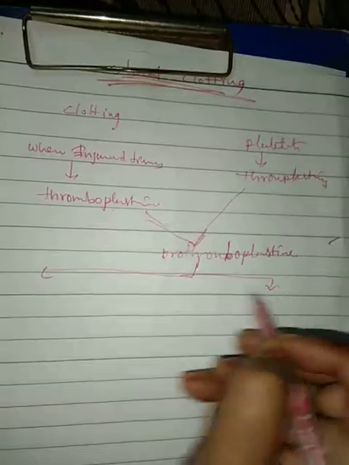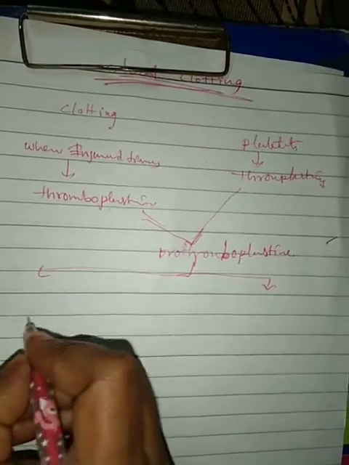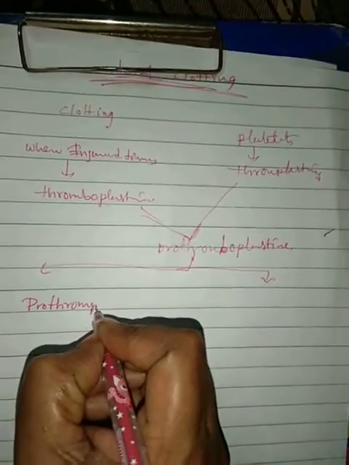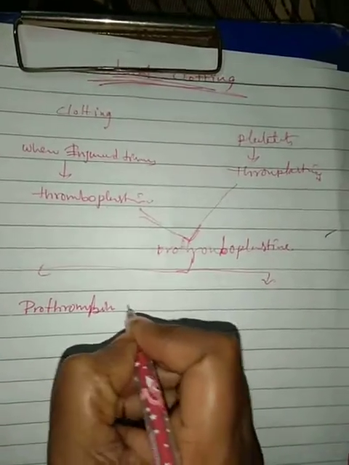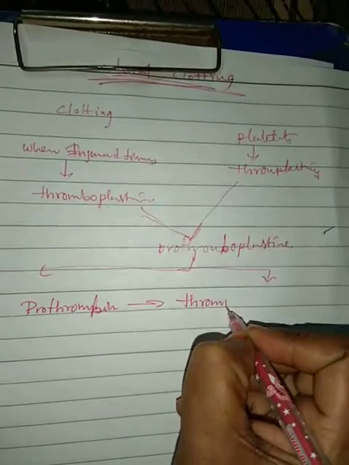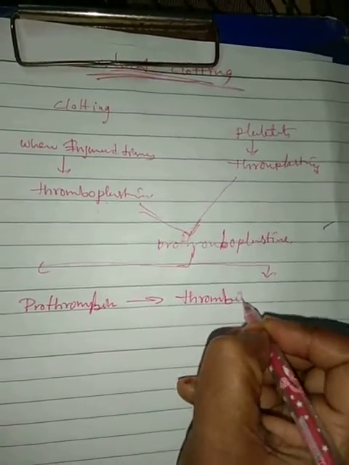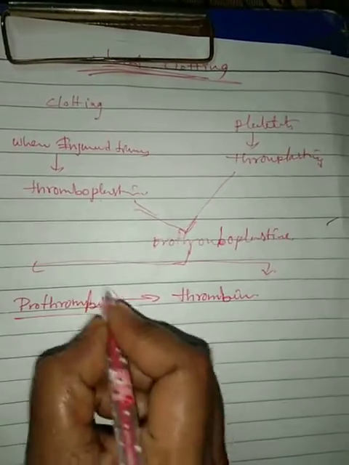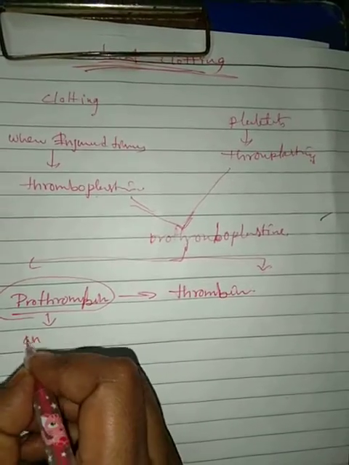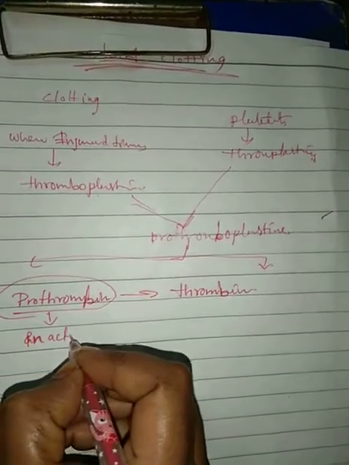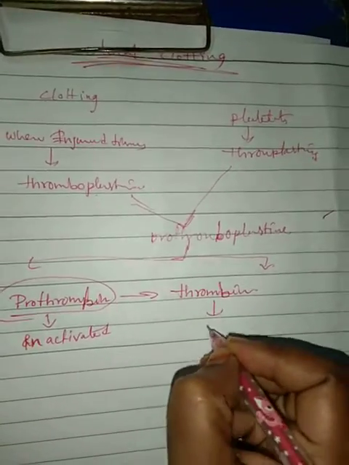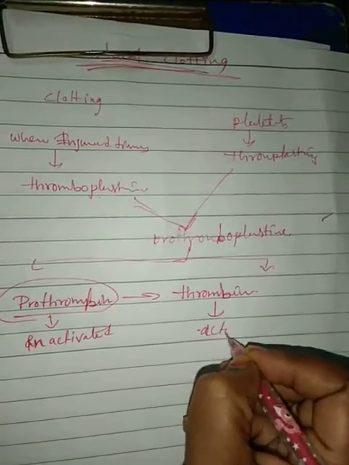Prothromboplastin is converted into thrombin. Prothrombin is the inactivated form. Thrombin is the activated form.